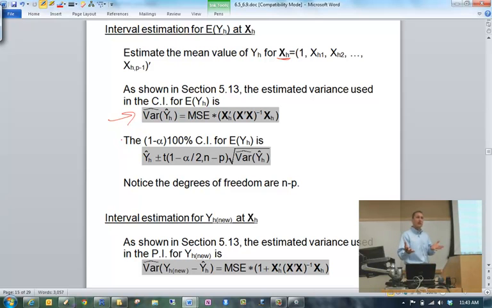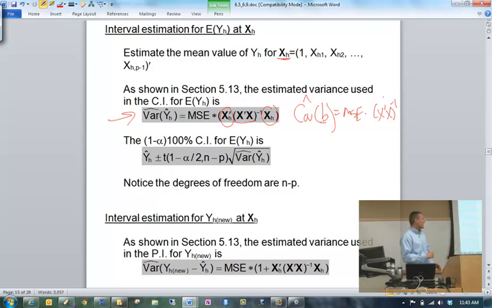Then, as we saw in section 5.13, the estimated variance of y hat, which you would need for the confidence interval formula, is the mean square error times our vector transpose, times X prime X inverse, times the vector. And just to put this into more of an intuitive framework, remember what our estimated covariance of b was: MSE times X prime X inverse.